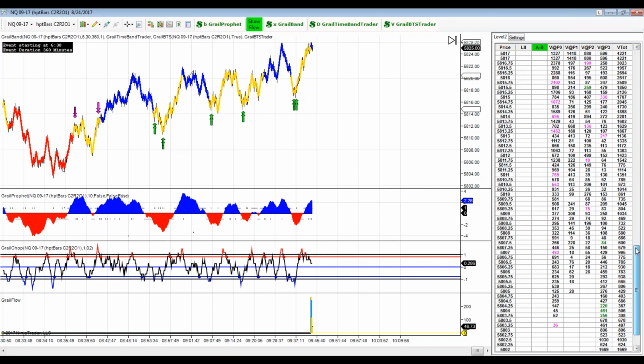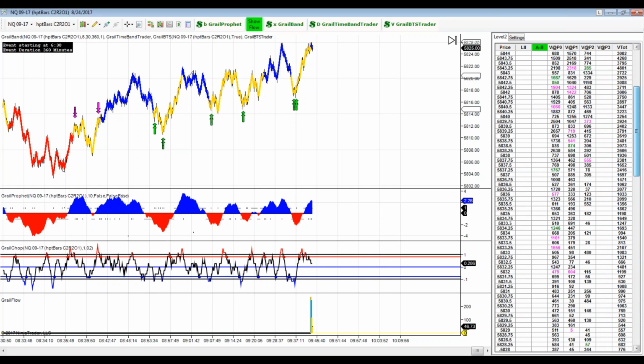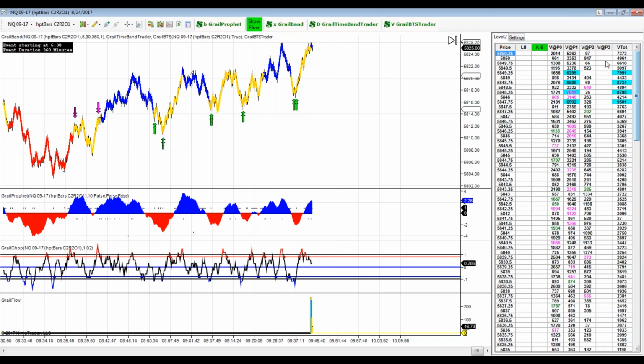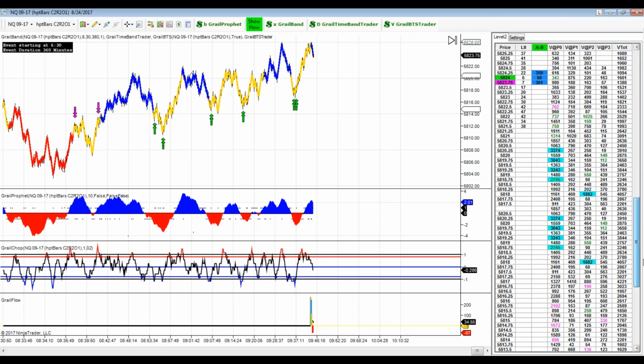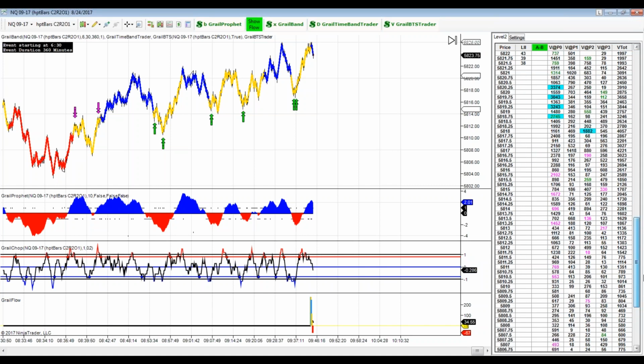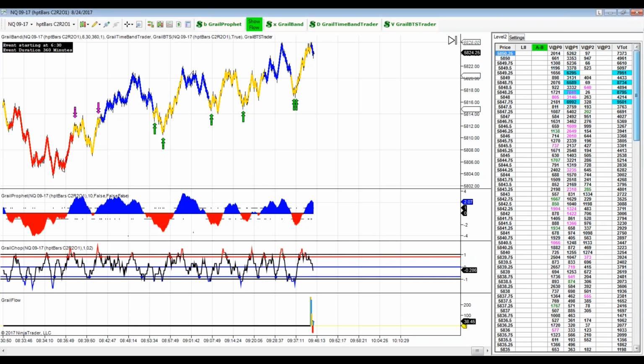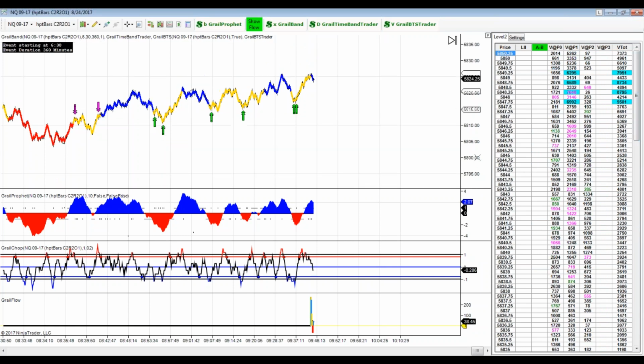All right. What I look for in the flow on the total is I look for the blocks. Okay, we've got good blocks up here right now in the total. I don't think we have any more to the downside right now. All right, this is way up here at 56.48.